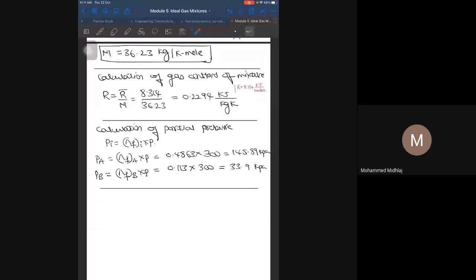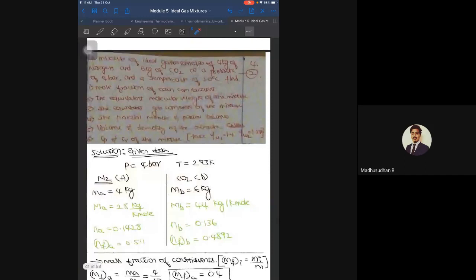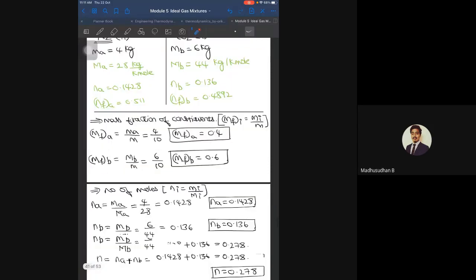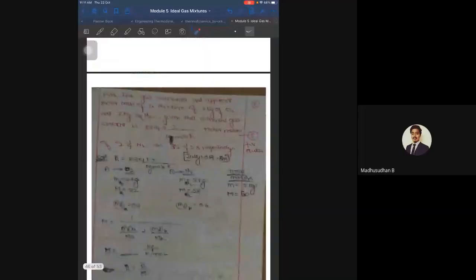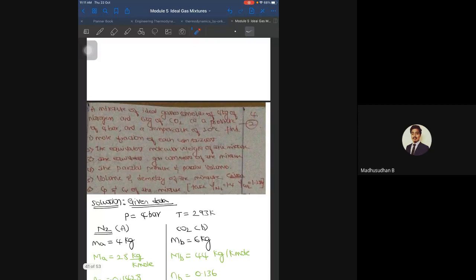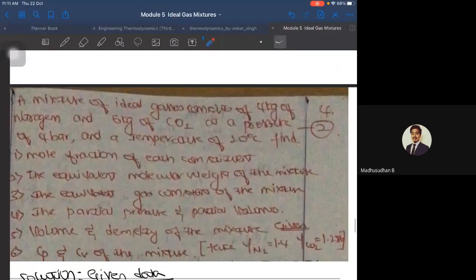So there is one problem left, which is very good. When there are a couple of problems, if time permits, we shall solve them. This particular problem asks you for every parameter. If such a problem is asked in the exam, it will be for 30 or 40 marks, and any two of the parts will be given: calculate this or this or this.